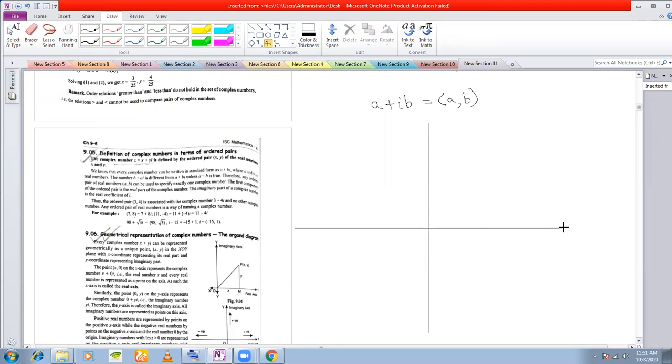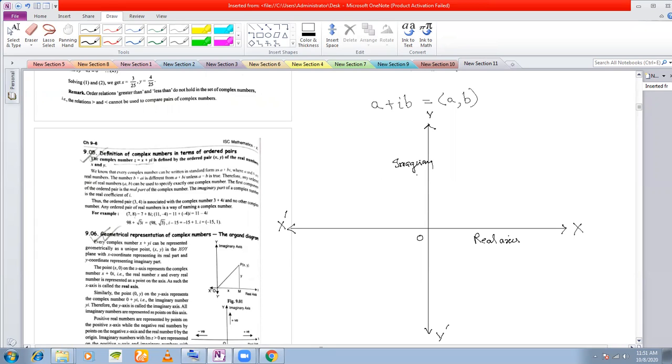What do they represent in our Argand diagram? As I told you, an Argand diagram is a geometric, in fact a graphical, representation of a complex number. We call the x-axis the real axis, and the y-axis the imaginary axis.